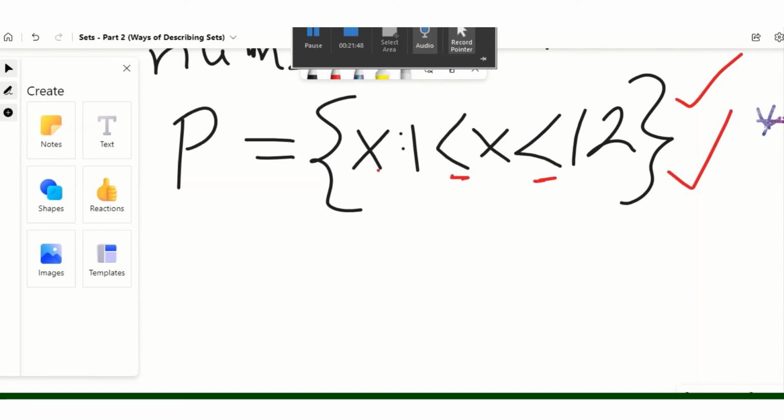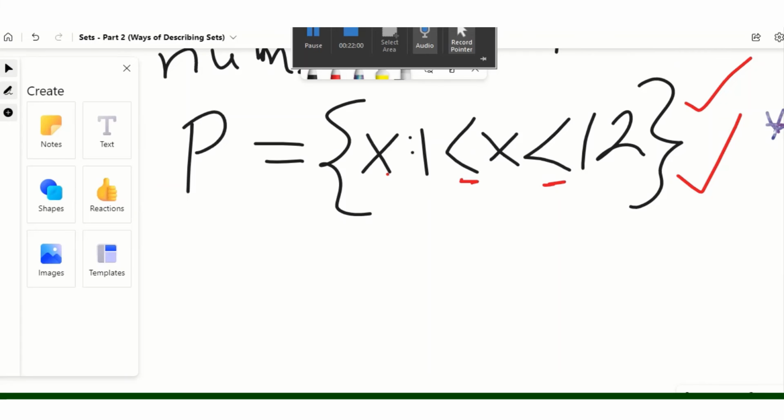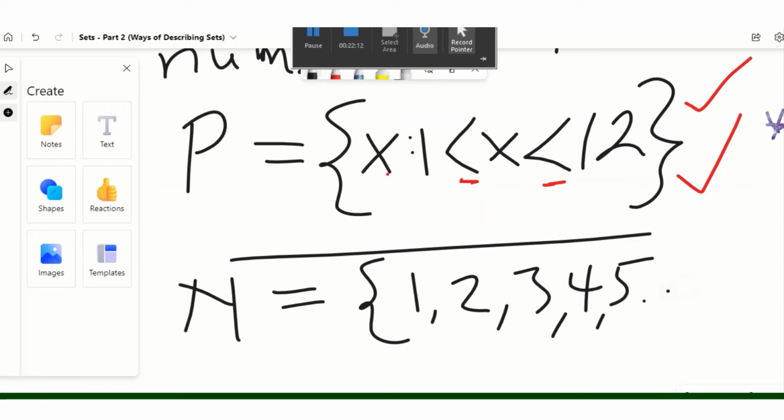Which instances do we use the x is equal to or greater than? So let me give you this example. Let's say we have this set n equal to 1, 2, 3, 4, 5, then we have this ellipsis.